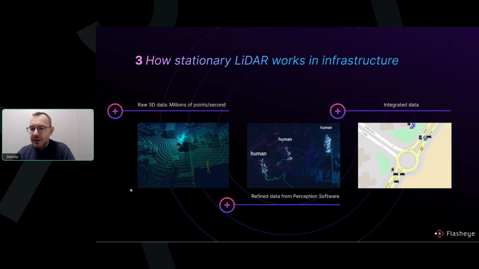And on top of that, integrated data, something which can be put together with other systems on a metadata level, because as I mentioned, the point cloud level of the data is not even necessary for the majority of cases, but it helps together with perception to get very good integrated data altogether.